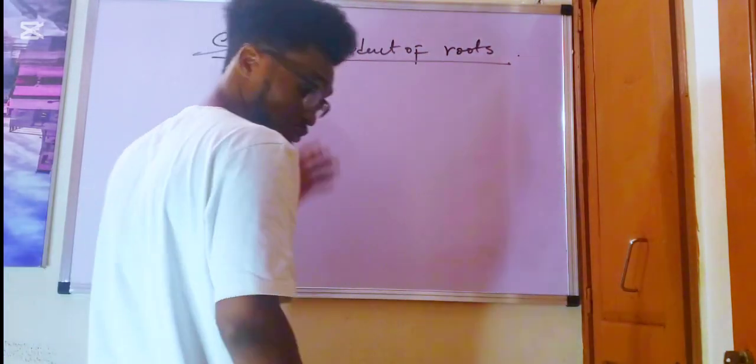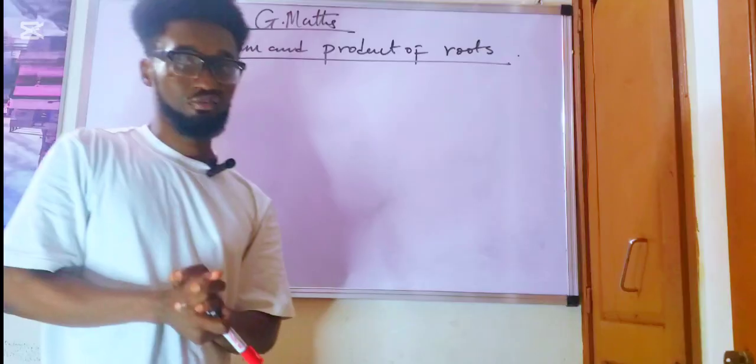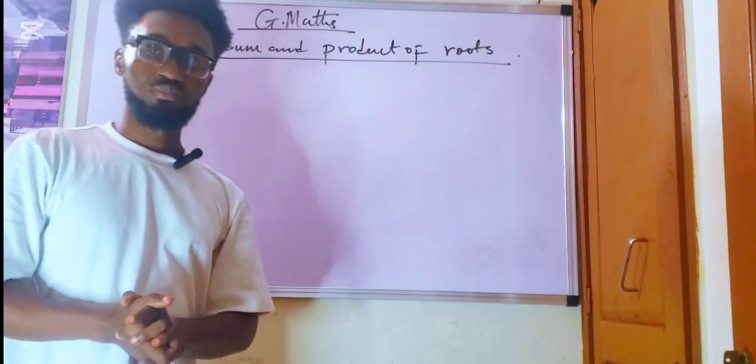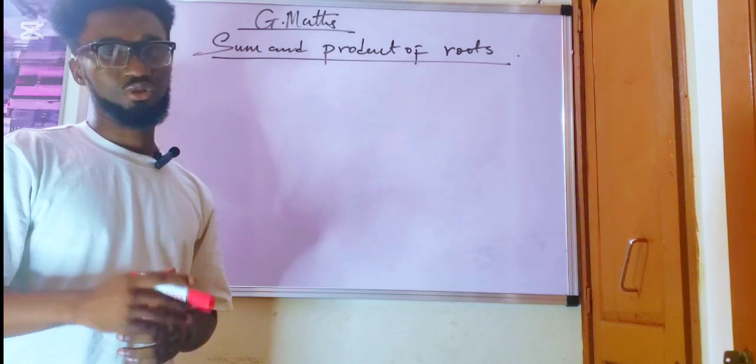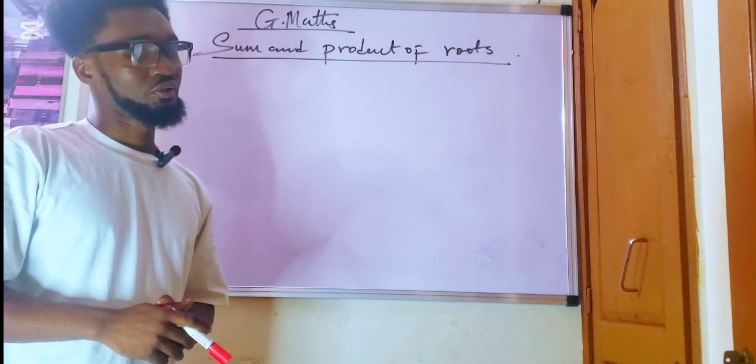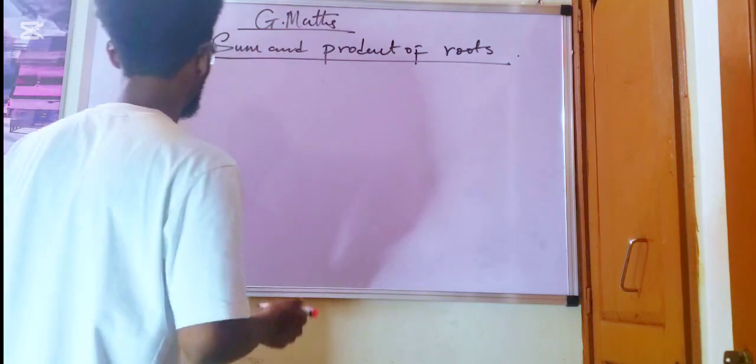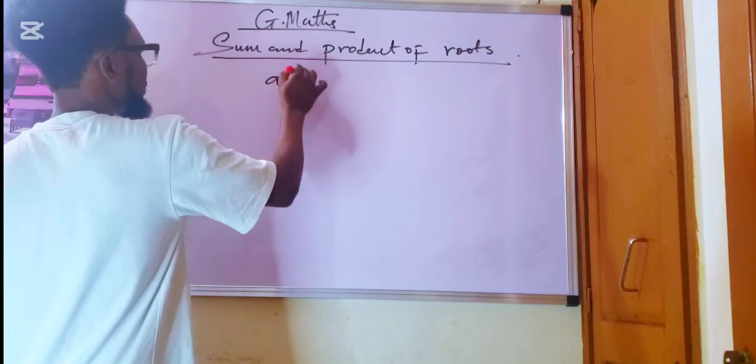So today we are going to be working on the derivation of the formula for finding the sum and product of roots. But before then, I want to take you back to the general form of the quadratic equation.